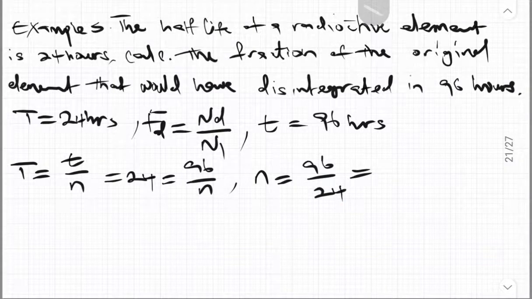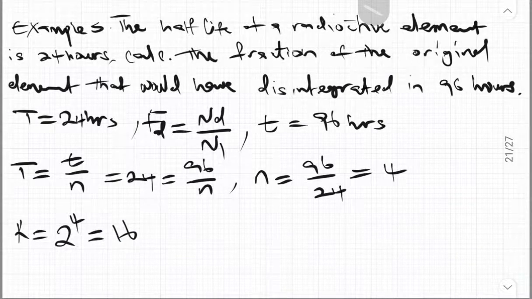Let me press the calculator for that. 96 over 24, and there is actually 4. So n is 4, right? We have R is equal to 2 to the nth power, which is now 2 to the 4, and this is 16, right? And we always know that R is equal to N1 over N2, right?